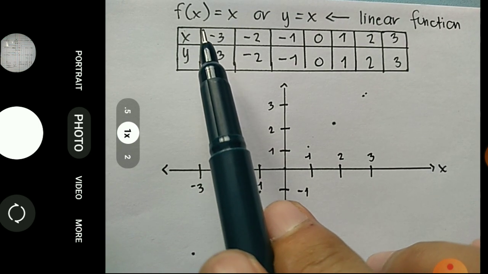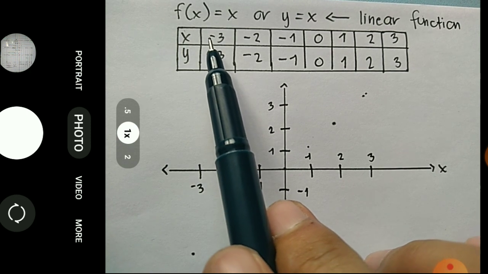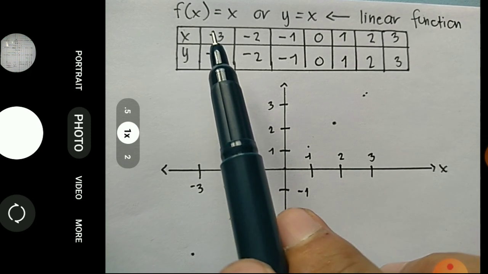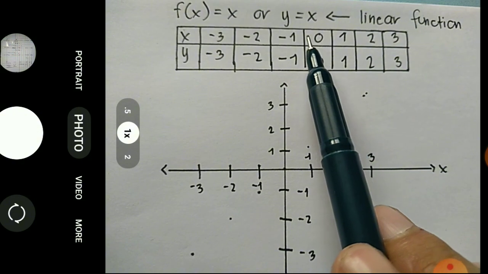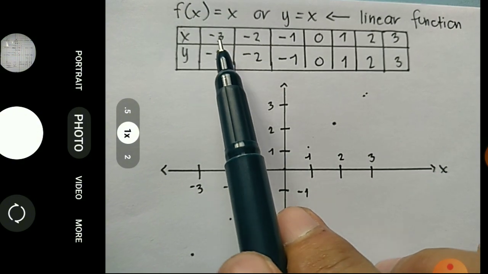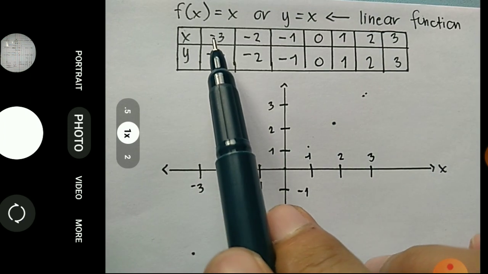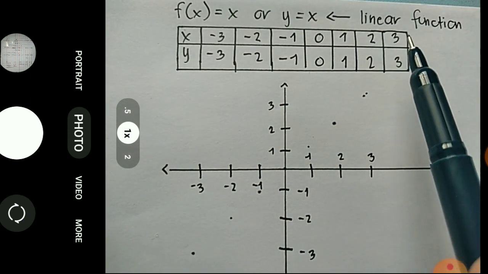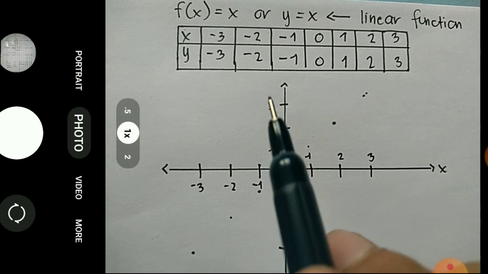You can start, for example, from 0 to negative 5, but in this video I use 0 to negative 3 and 0 to positive 3.